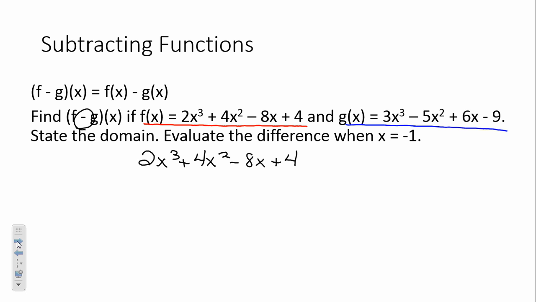We have a 3x cubed, a negative 5x squared, a positive 6x, and a negative 9. Those are the ones that go together, so that we're going to combine them. But what do we have to do? Subtract. So change the signs of every one in that second polynomial, that second function. Change the signs.